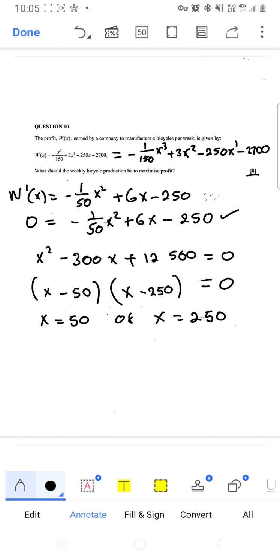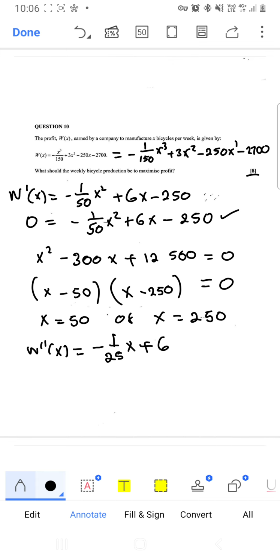So to determine which value of x would maximize the profit, we have to differentiate the equation for the second time. So we say the second derivative of W of X is equal to 2 times negative 1 divided by 50 is negative 1 divided by 25x, and then 1 times 6 is plus 6 there.